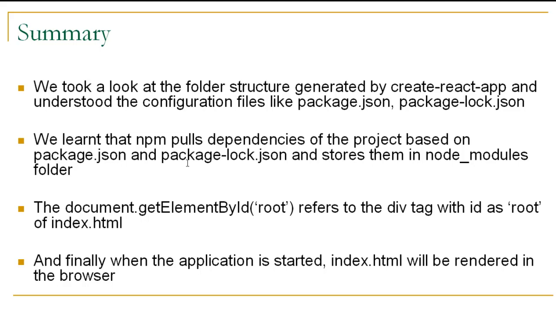We learned that npm pulls dependencies of the project based on package.json and package-lock.json and stores them in the node_modules folder. The document.getElementById('root') refers to the div tag with id as root of index.html. And finally, when the application is started, index.html will be rendered in the browser.